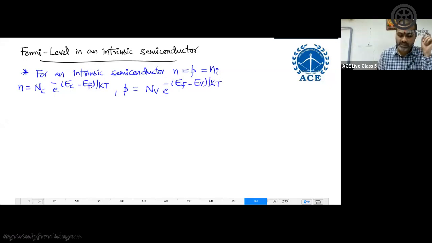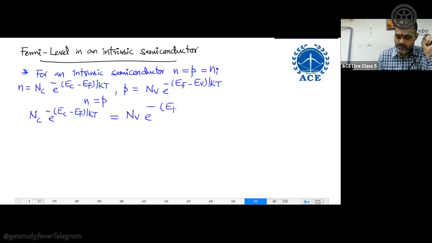Now take N is equal to P. So Nc e power minus (Ec minus Ef) divided by Kt is equal to Nv e power minus (Ef minus Ev) divided by Kt.